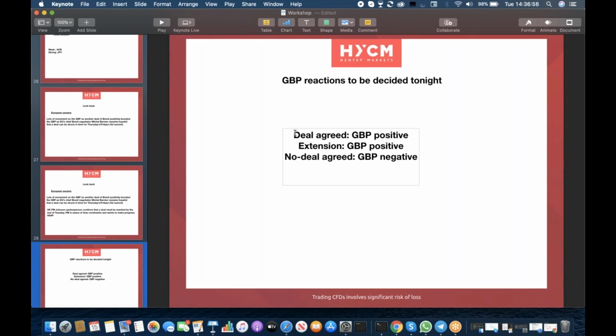Okay, this is the plain: deal agreed, expecting that to be pound positive. Extension, expecting that to be pound positive. No deal, expecting that to be pound negative. If something else comes out which is a variation on these themes, you just need to be aware of that. You just might need to think about the implications of what that actually is.